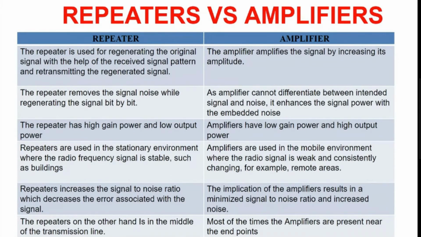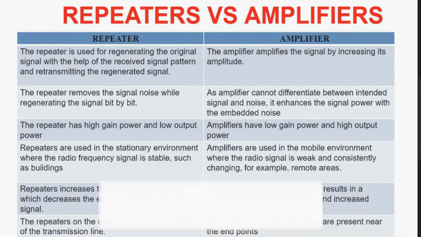And amplifiers have low gain power and high output power, because a very low or weak signal is input to the amplifier. After it is boosted up, the signal level automatically increases. That is the job of amplifiers: low gain power and high output power.